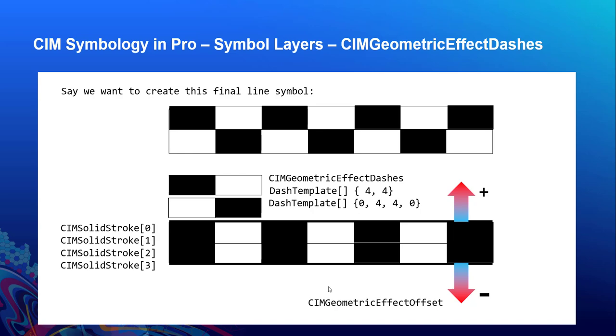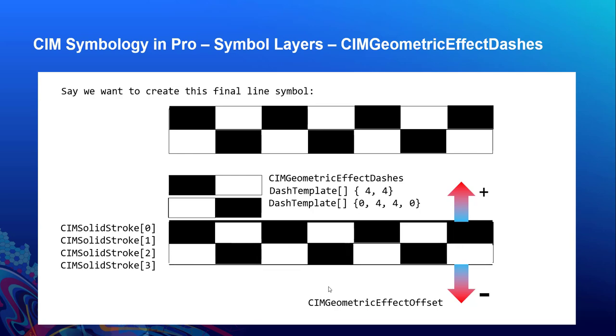So 0 being the length of the first dash, 4 being the length of the first space. So no dash, a space of 4, and then a dash of 4, a space of 0. And that will give me the offset of the dash like so. And so there is my final checkerboard pattern.